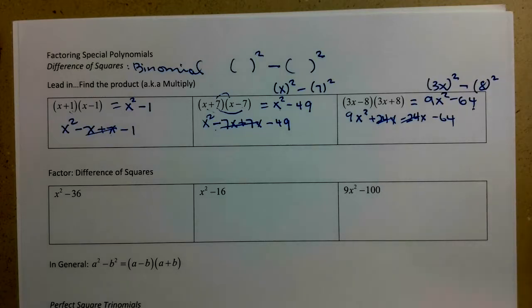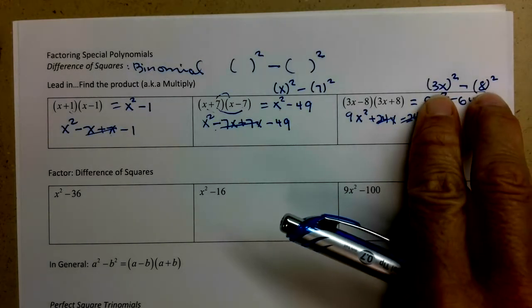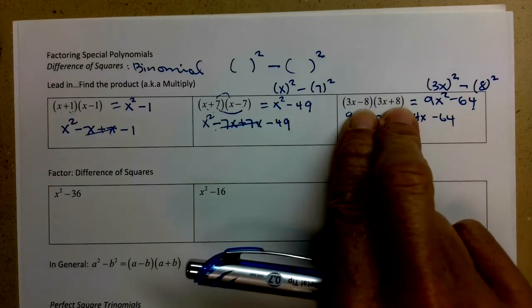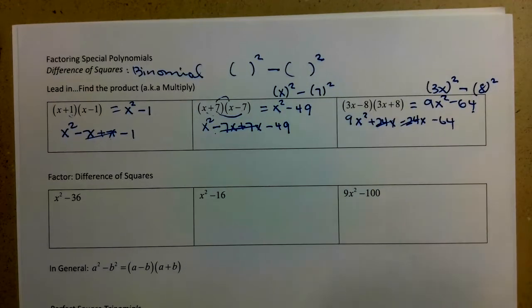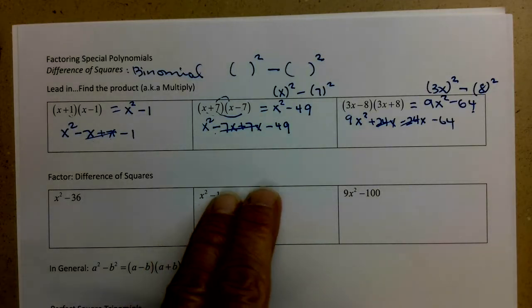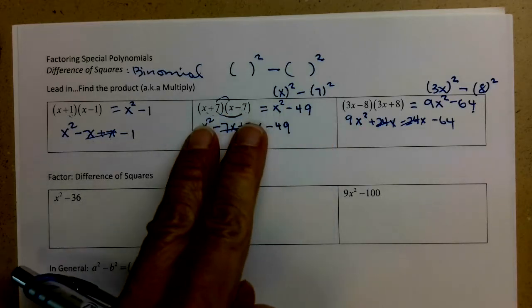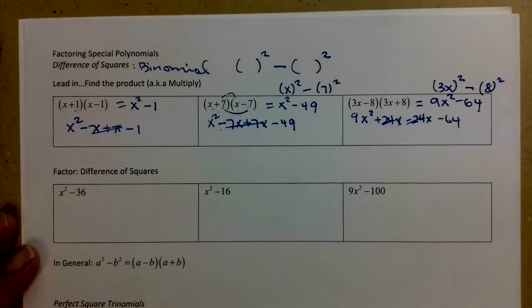Now, here's what I want you to pay attention to: what is in the parentheses squared, and how that looked in the factored form. Because now we need to go from the binomial, the difference of squares, to the product that we multiplied. So we're just going to see if we can work this pattern backwards.